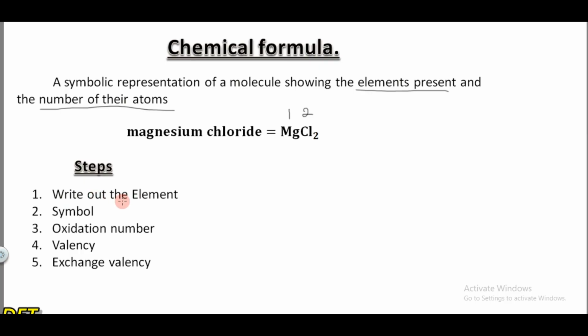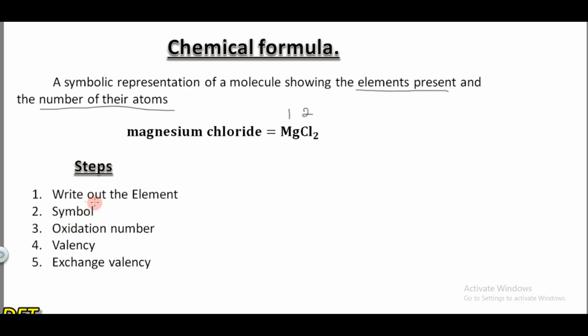You write out the names of the elements that are present in the compound. Number 2 is to write out the symbol of the element. Step 3 is to write the oxidation number of the element. Step 4 is to write out the valency of the element. And step 5 is to exchange the valency, right?